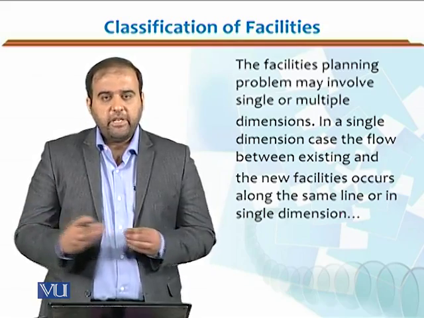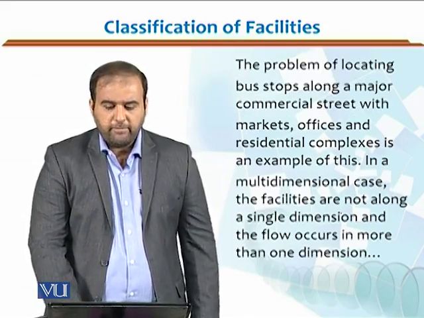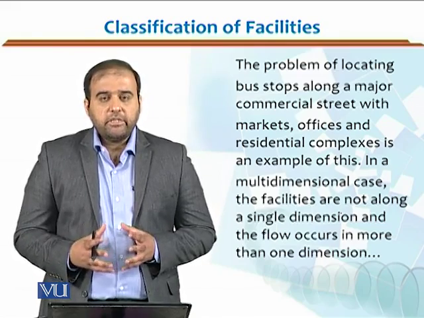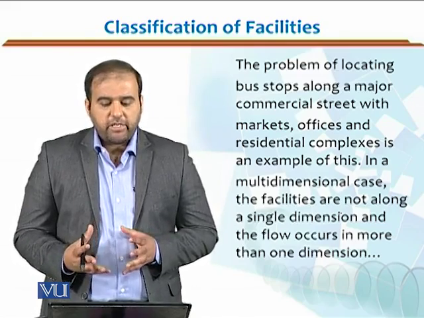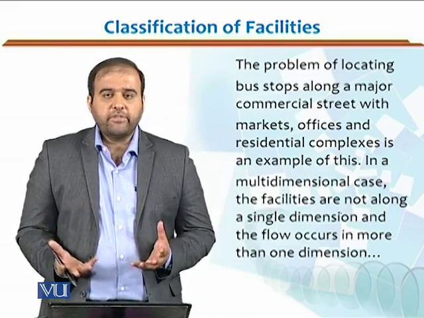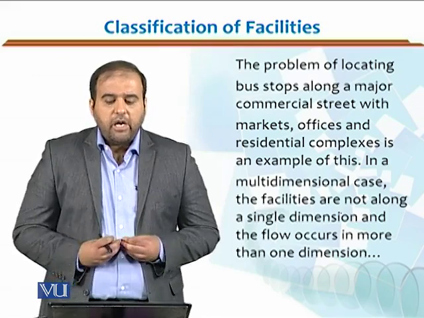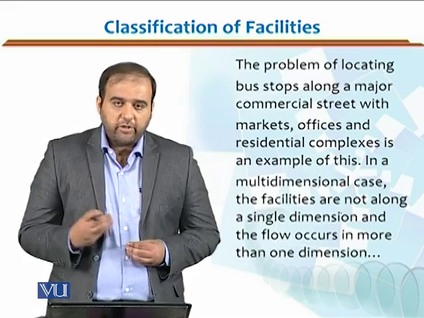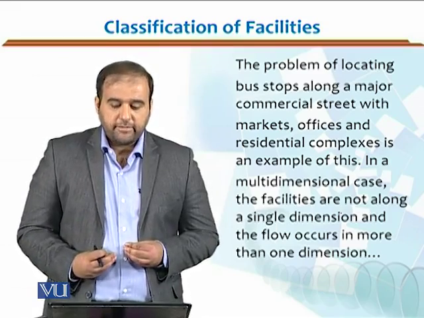There is only one flow, one direction. The problem of locating the bus stops along a major commercial street with markets, offices, and residential complexes is an example of this. Single direction. I need to locate the bus stops along the major commercial streets with markets, offices, and the residential complexes.